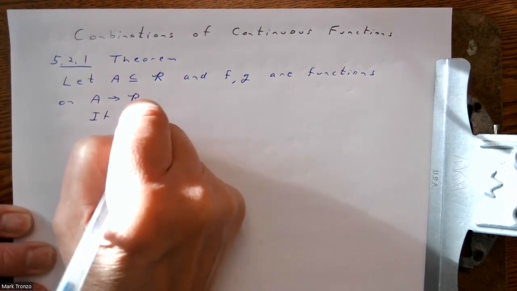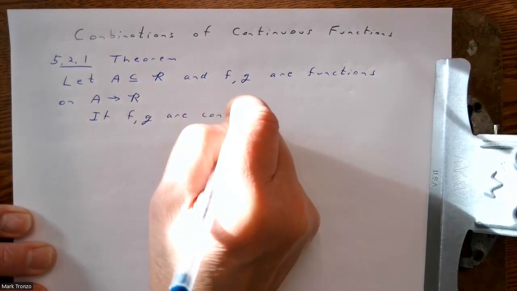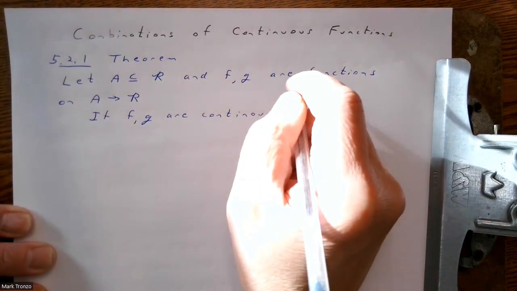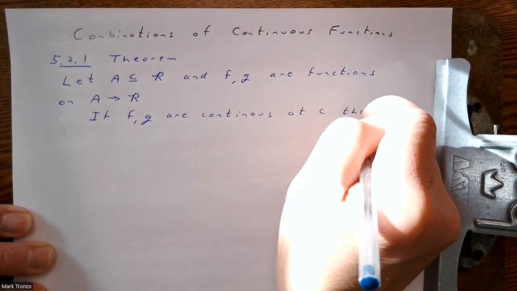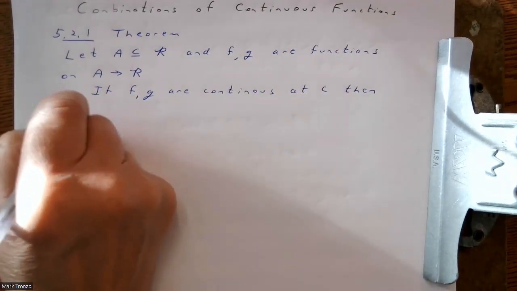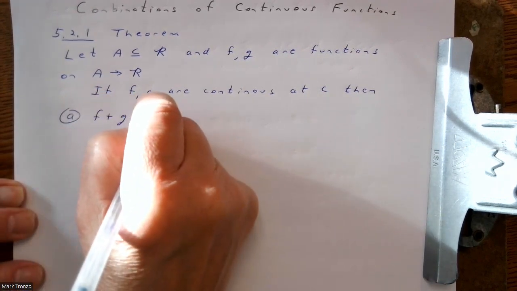If f and g are continuous at c, then the sum of the two functions is continuous.